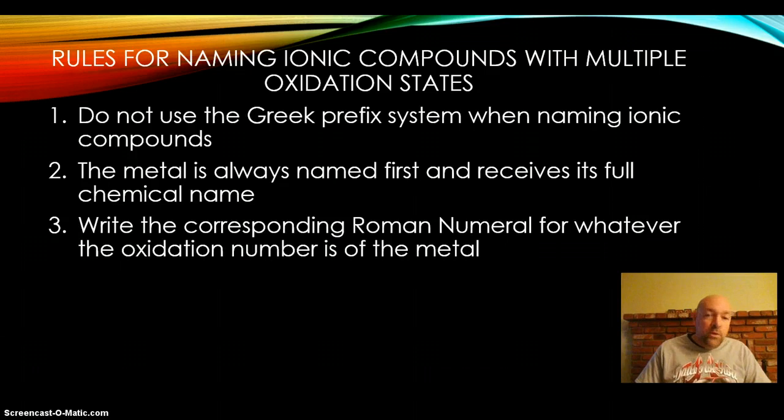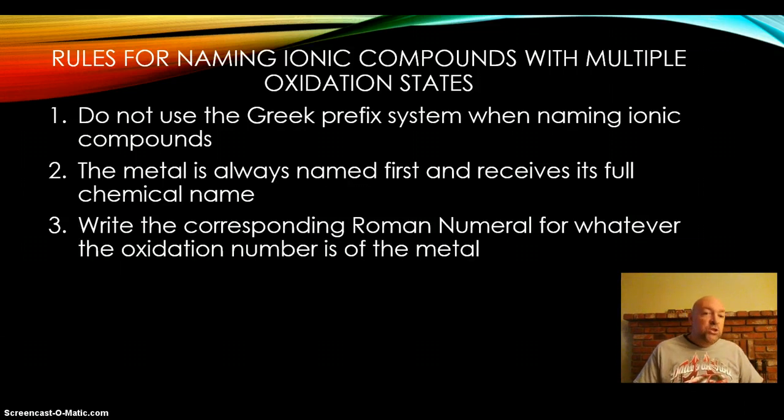Or there are a few other metals found in the transition metals or post-transition metals that have only one oxidation number. And in those cases, you don't need to write the Roman numeral. But for those that have multiple oxidation numbers, some of them have 2, some of them have 3, some of them have 4 different possible oxidation states.